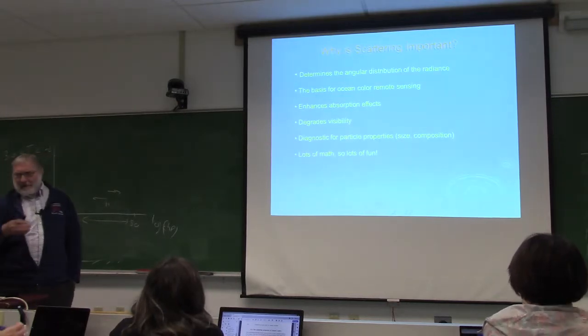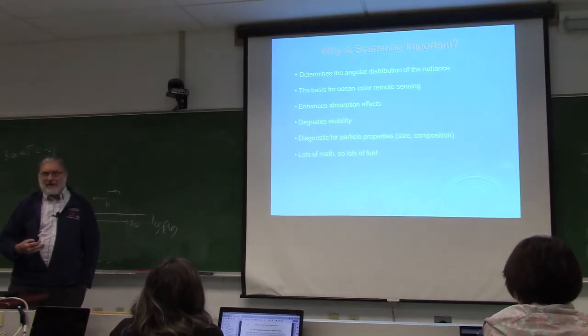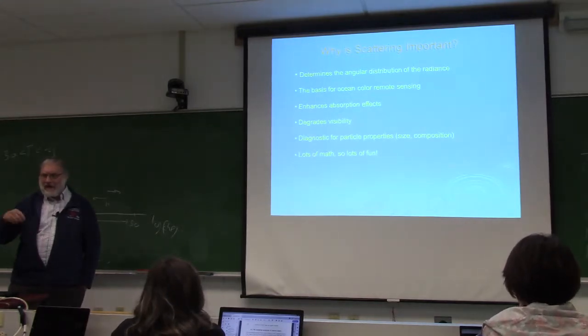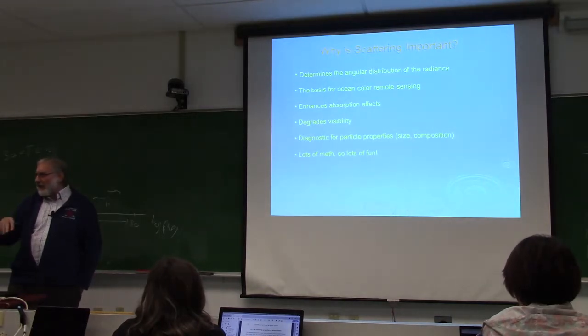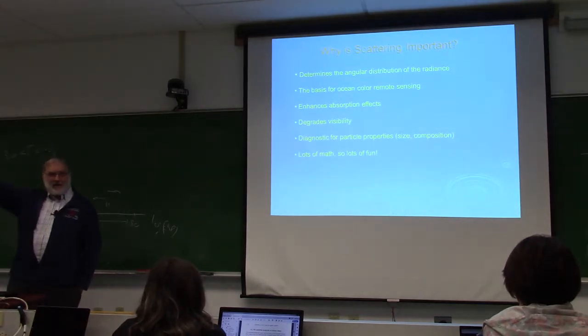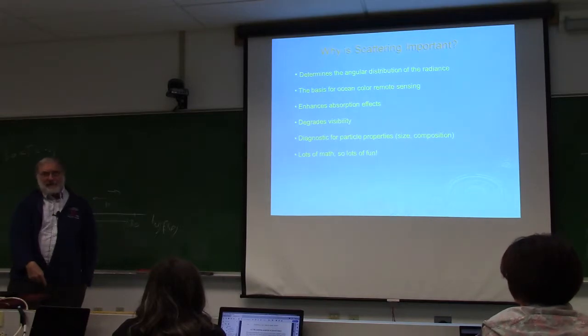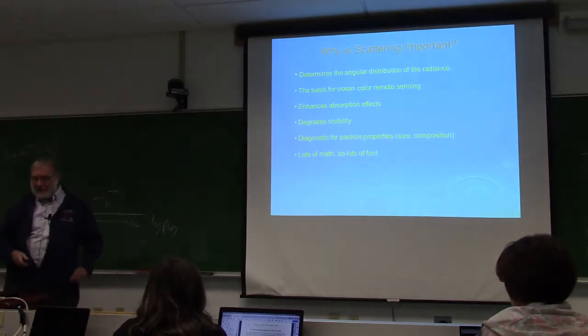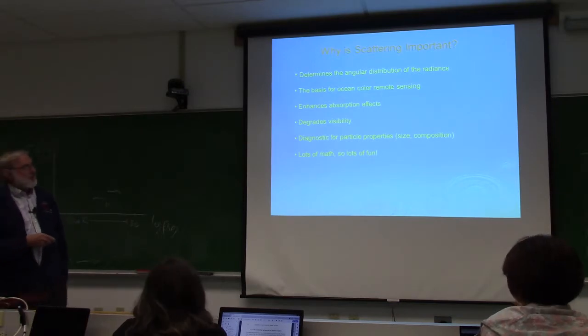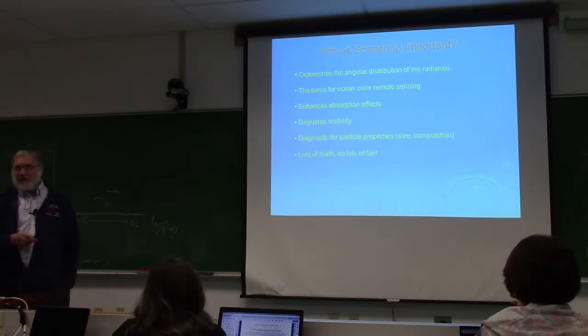So, other reasons why scattering is important. Well, it's the scattering that determines the angular distribution of the radiance within the water. If there were no scattering, sunlight would go in the water and it would just keep heading straight down. So it's the scattering that bounces it around into all directions, and that means it's the basis for ocean color remote sensing.